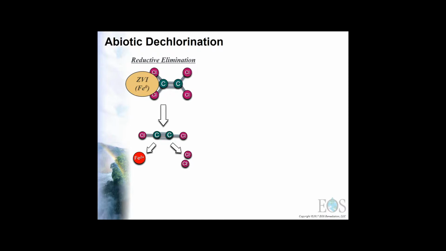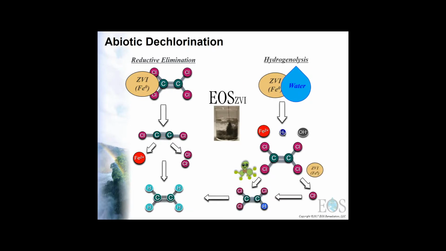Now, the other thing that happens in the aquifer is zero valent iron is also coming into contact with water, and there are really two things that can happen. You can get oxidation of the iron and production of hydrogen, and then that hydrogen can be used through a biological process to reductively dechlorinate the contaminant.